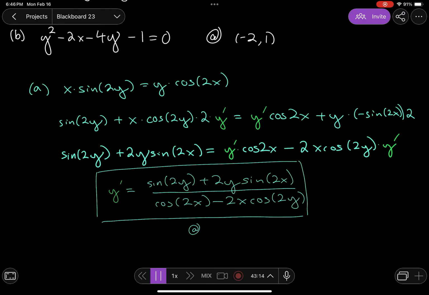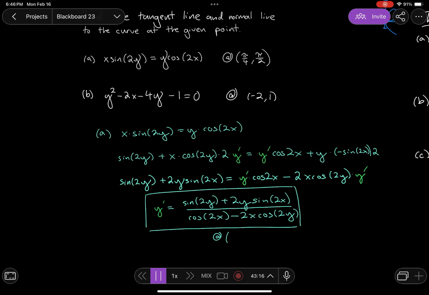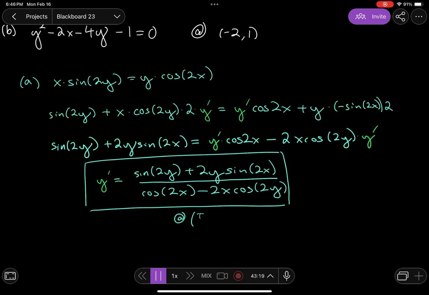Therefore, what we want to do is plug in the point pi fourths, pi halves. So every x value, I'm going to plug in pi fourths. Every y value, I'm going to plug in pi halves.